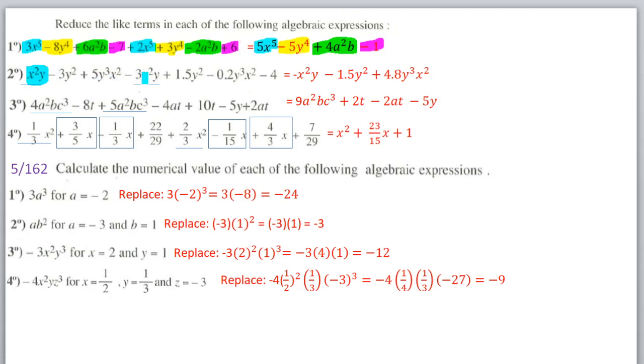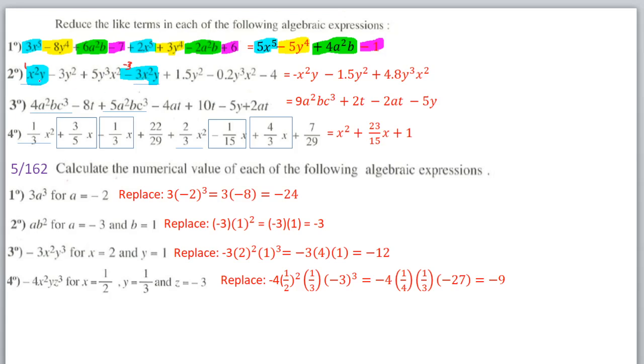Is there any other x squared y? Yes, that's it. x squared y. Else, no. So add x squared y minus 3x squared y. What's the coefficient here? The coefficient here is 1, and the coefficient here is minus 3. So we add 1 minus 3, it's minus 2, it's minus 3 here, yes.